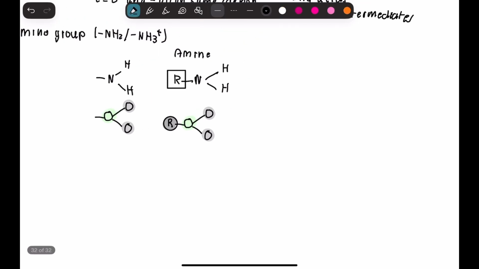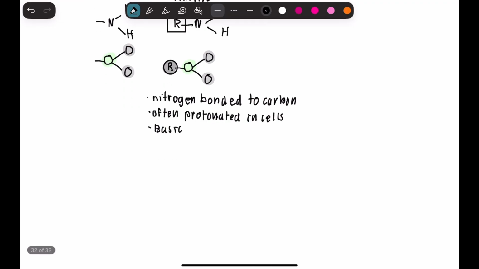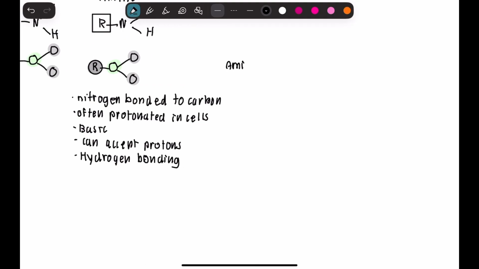This is usually a nitrogen bonded to carbon, and it is often protonated in your cells. So it's usually basic, you can accept protons, and you have hydrogen bonding. Remember that amino plus a carboxyl equals your amino acid backbone.